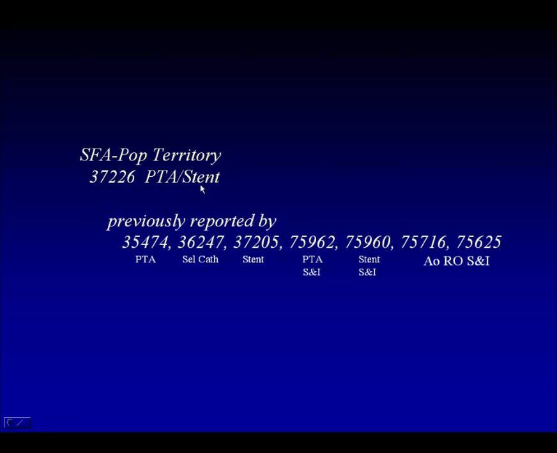If you look at peripheral arterial lower extremity revascularization, let's take 1 code, for instance, 37226, which is angioplasty and stenting in the superficial femoral / popliteal artery territory. Previously, before 2011, that procedure was reported with 35474, which was angioplasty, the selective cath code for placing the catheter into the superficial femoral artery, 36247, the stent code, 37205, and then the radiologic supervision and interpretation for each, 75962, 75960, and 716 and 75625, which is the S&I for aortography and a runoff angiogram.